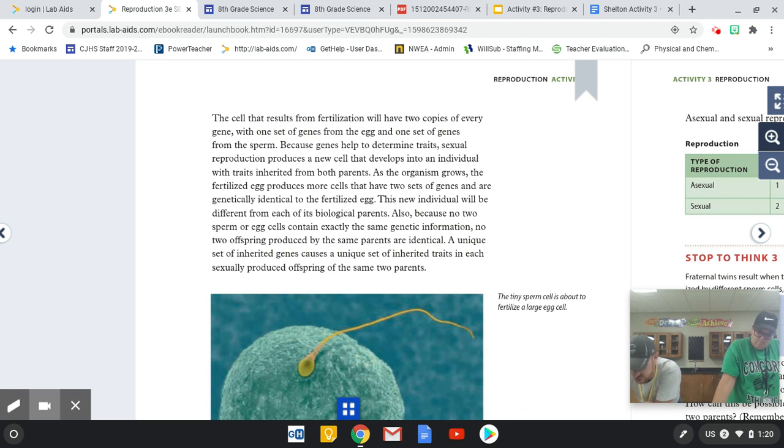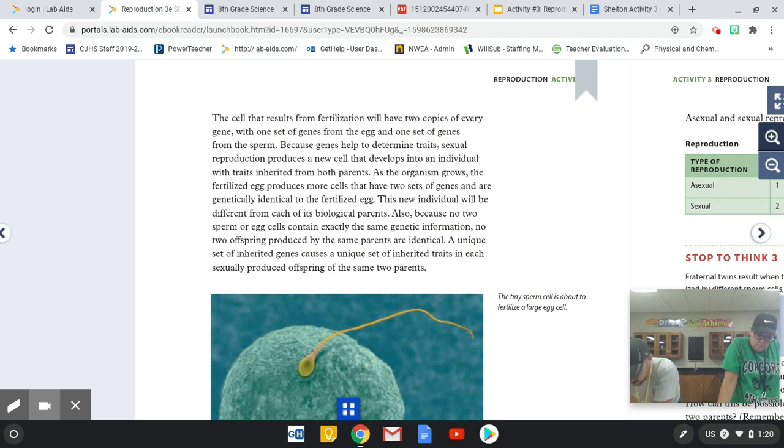Because genes help to determine traits, sexual reproduction produces a new cell that develops into an individual with traits inherited from both parents. As the organism grows, the fertilized egg produces more cells that have 2 sets of genes and are genetically identical to the fertilized egg. This new individual will be different from each of its biological parents.